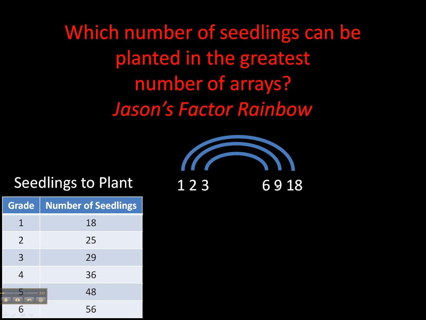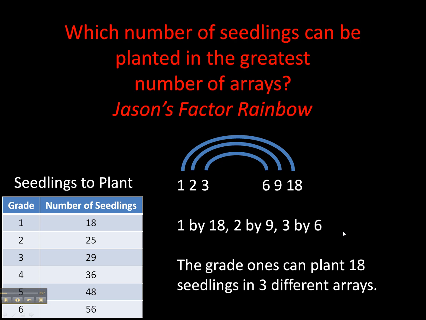You might find that this is a more useful way to work, or you might appreciate working the other way, and a little bit later on I'm going to show you a third way. So basically what Jason figured out is 1 row by 18, 2 by 9, and 3 by 6. The grade 1s can plant 18 seedlings in 3 different arrays. So this is the same answer as Mai received, but Jason used a different approach.